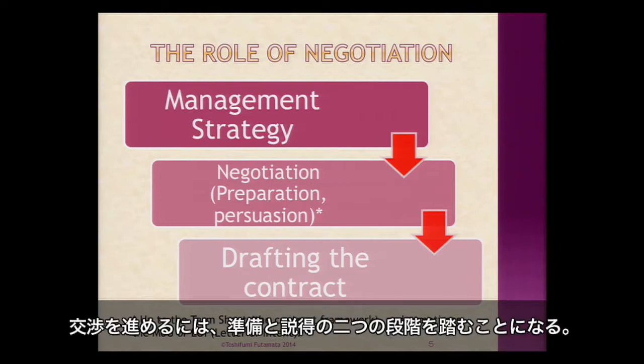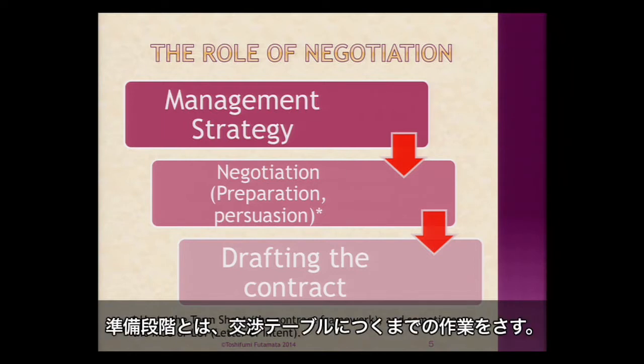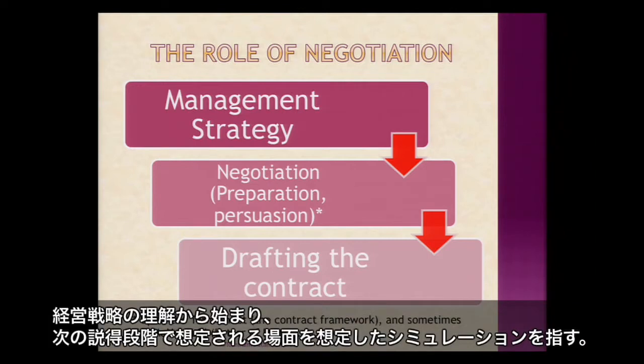The negotiation process is in two stages, as I told you, preparation and persuasion. The preparation stage consists of the work that is done prior to sitting at the negotiation table. It begins with an understanding of the management strategy and includes simulation of hypothetical negotiations, which arise in the next stage.